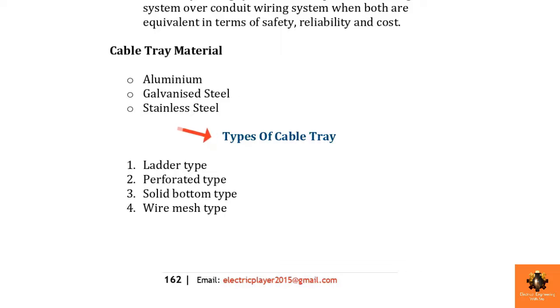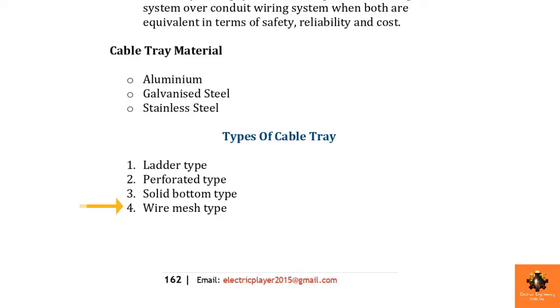There are several types of cable trays available in the market, but here we are discussing only the most popular ones: the ladder type cable tray, perforated type cable tray, solid bottom type cable tray, and wire mesh. So we have 4 most popular cable trays in the market.